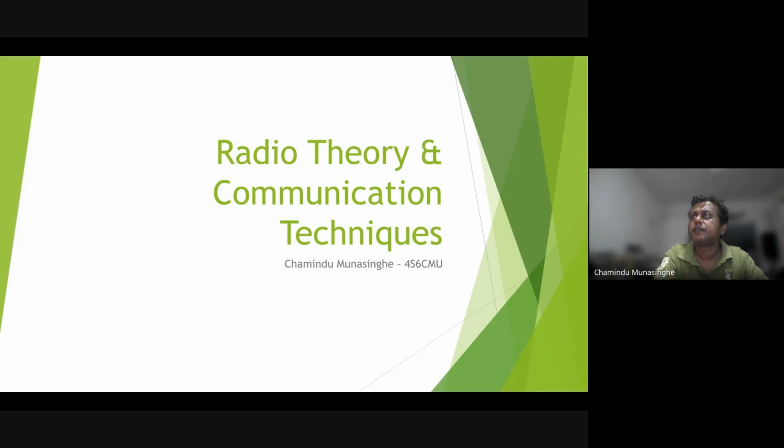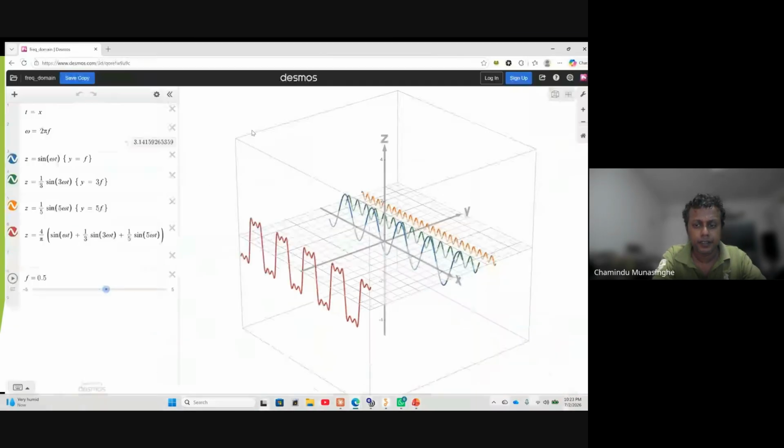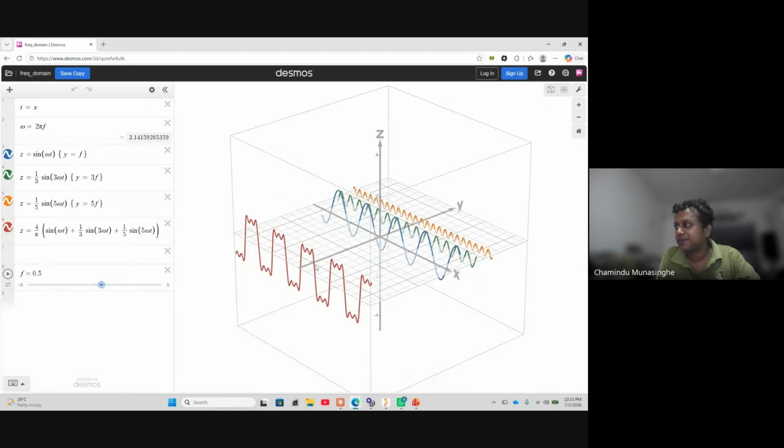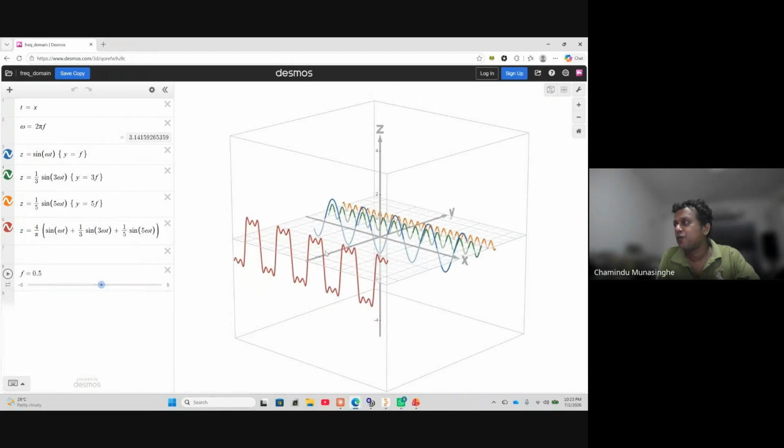Okay, let me just quickly get it here. I hope it is clear to you guys, right? So basically, again, this is my earlier example, but now I've graphed this in the 3D graphing calculator mode. So again, this is familiar, right?